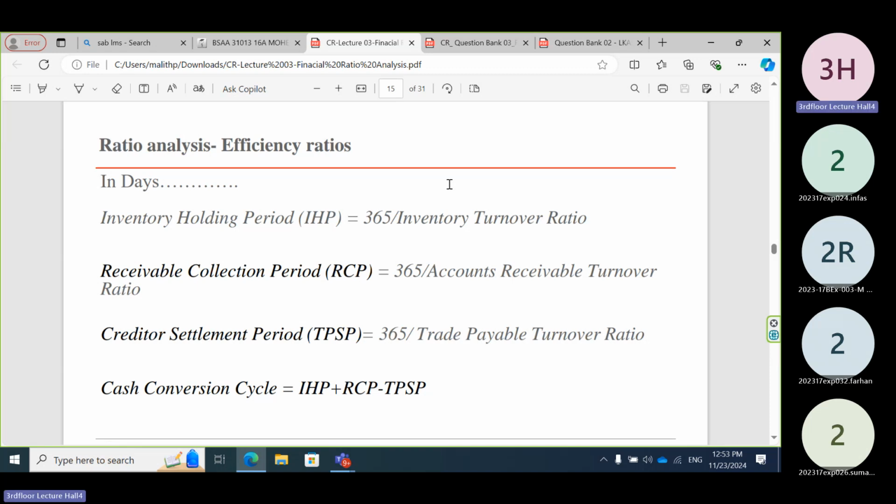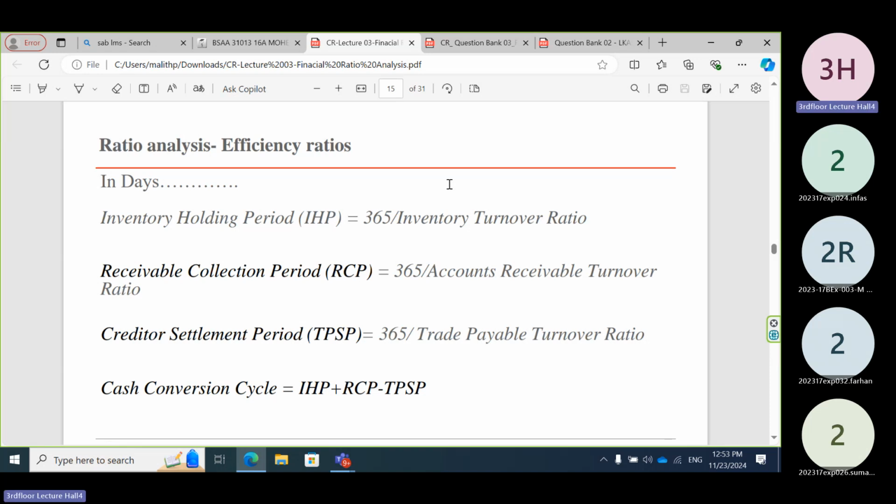If you are having receivable turnover of one, it means whatever credit sales you sold, still you have not received cash, right?